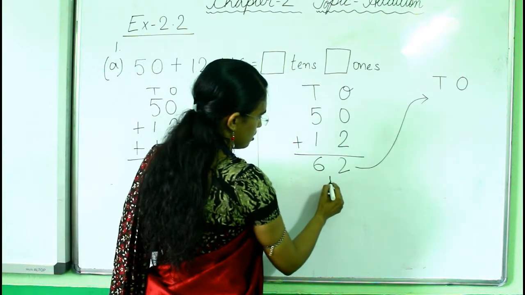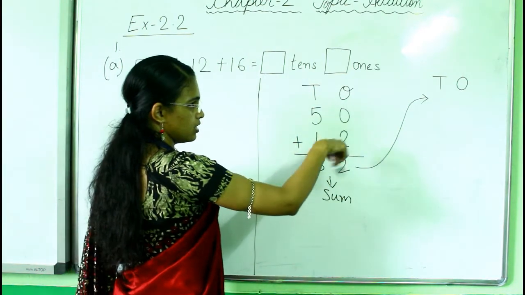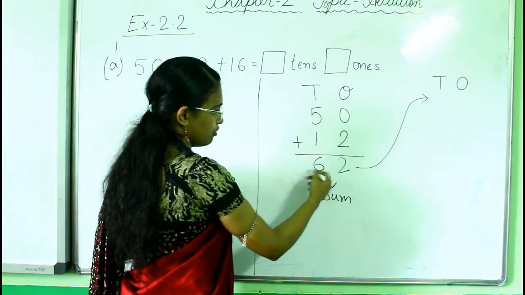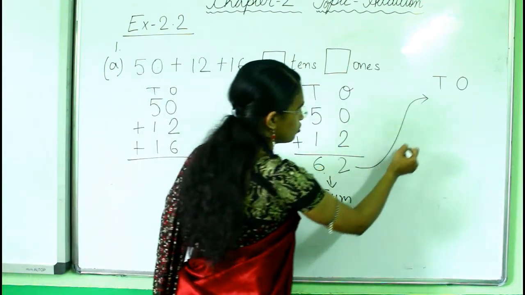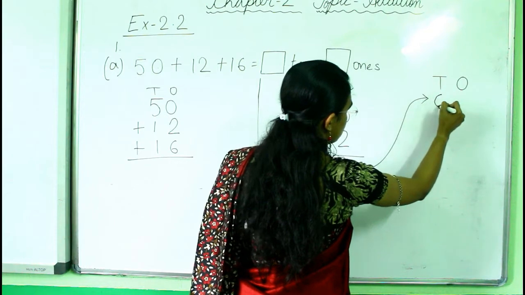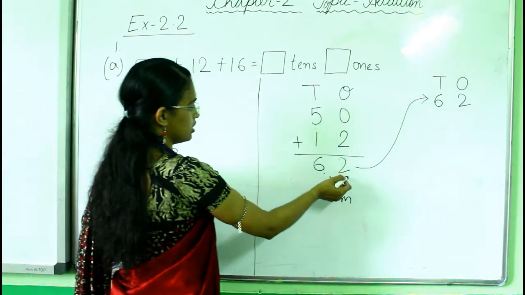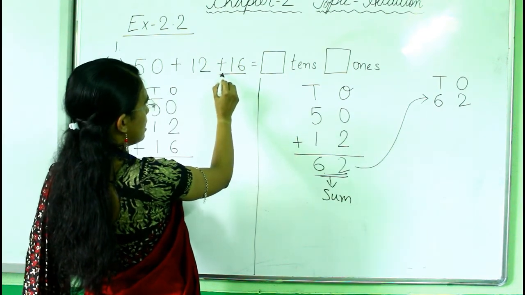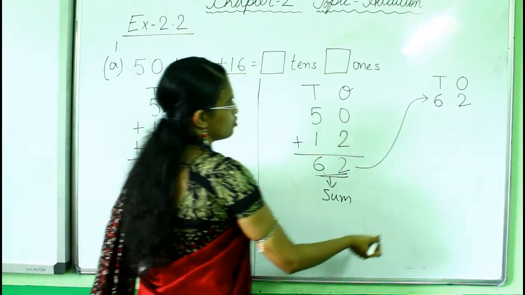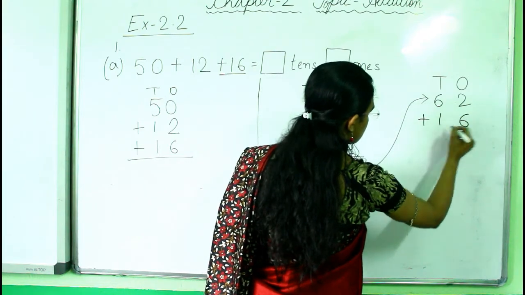When we add the addends, whatever answer we get, that is called the sum. So we put this sum in another place. Then with this sum we have to add the last number. What is the last number? Plus 16. So with this sum, that is 62, we have to add 16.